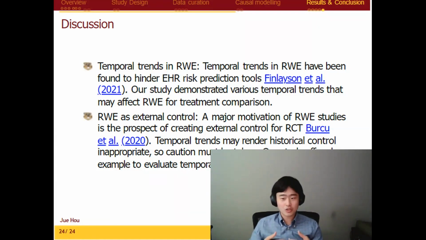So caution must be taken. We also offer a way to adjust for things using models. So I think even if it has been done this way, certain mathematical adjustment is needed: first, to investigate the existence of trends, and second, to use some analysis to adjust for the effect of those temporal trends.